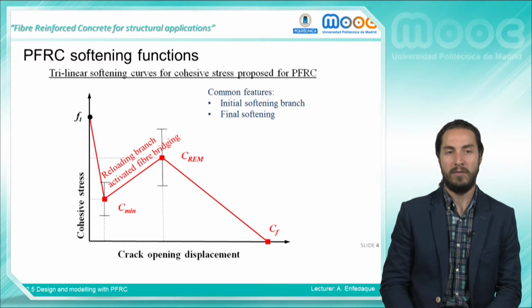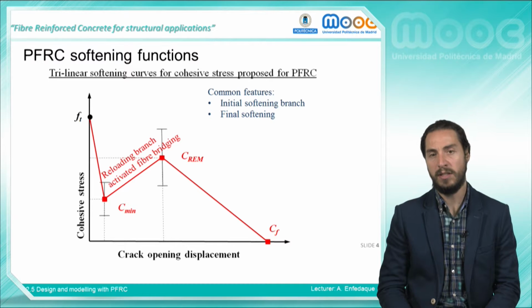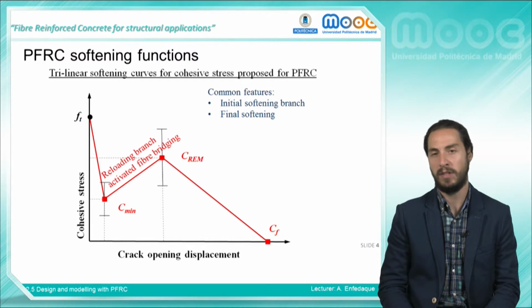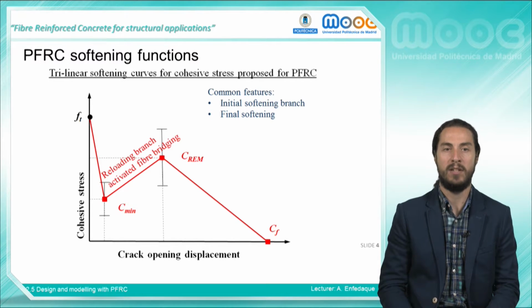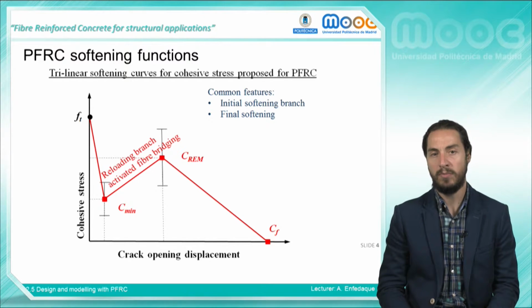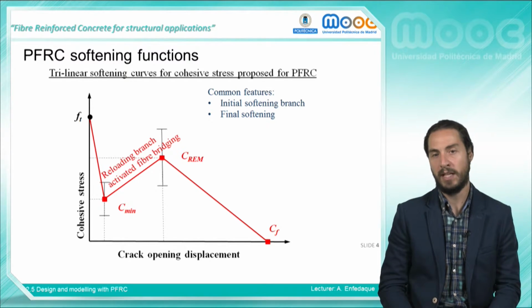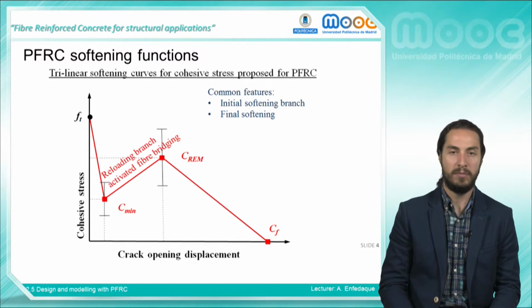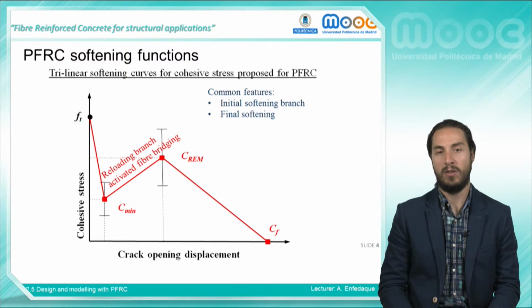The central part of the softening functions did not comply with what was observed in polyolefin fiber reinforced concrete tests. Therefore, a modification of the slope of this central part was carried out. Instead of having a negative slope, in order to reproduce the mechanical behavior of polyolefin fiber reinforced concrete, the central part of the curve should have a positive slope, as can be seen in the image.